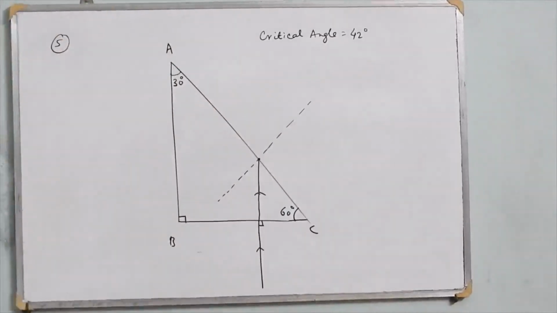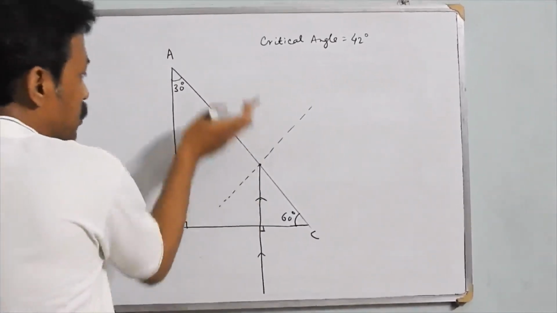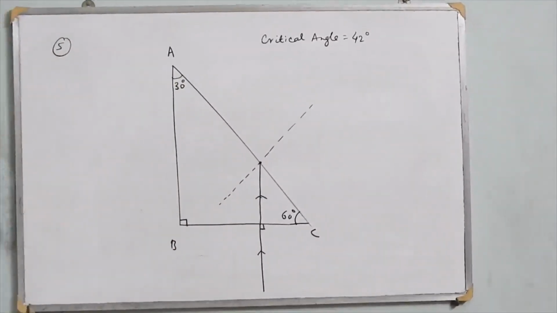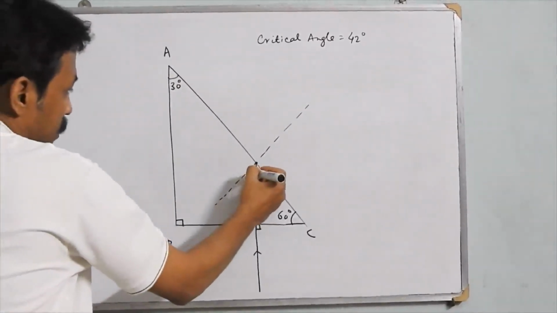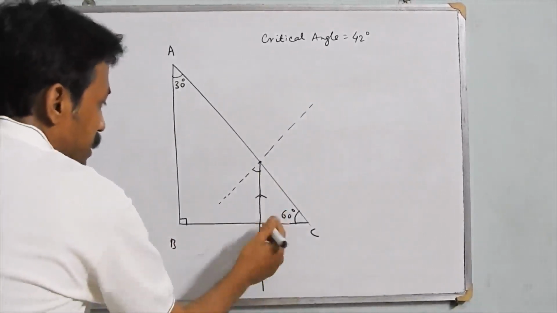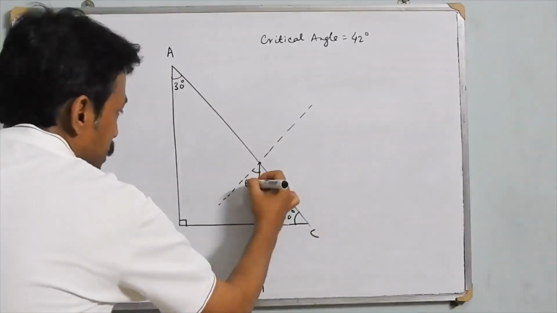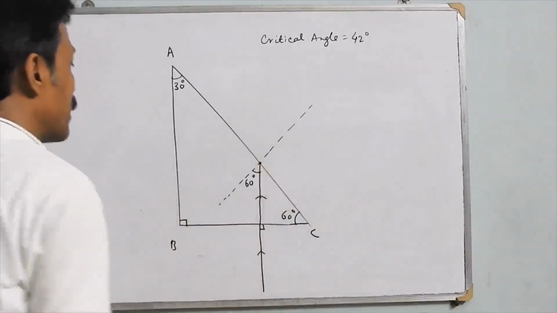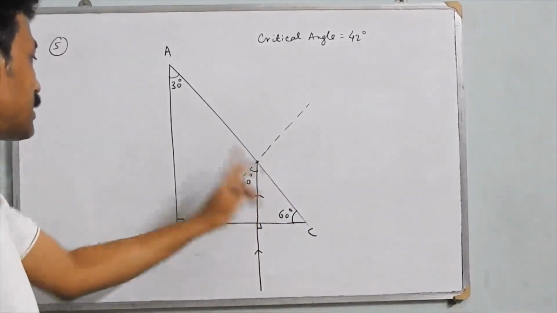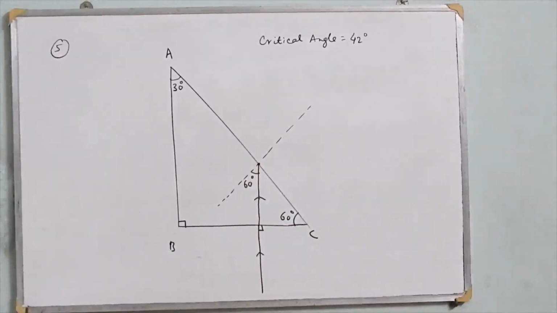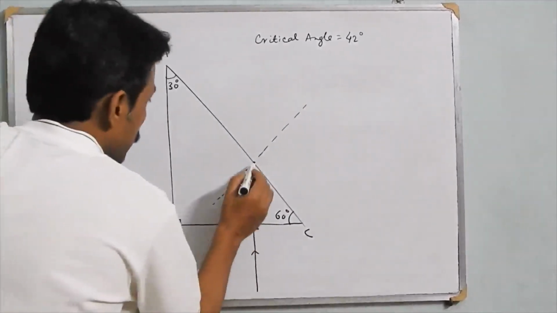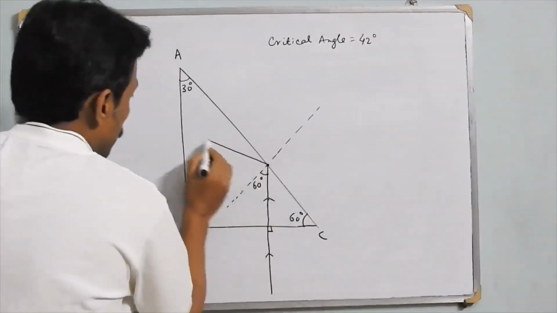So now the ray is moving from denser to rarer. What will be this angle? Depending on this angle of incidence. So this is 60, this is 90, 150, this is 30. So this angle has to be 60 degree. So now you see that the angle of incidence at this point is 60 degree. So it will undergo total internal reflection and it will move in this manner.